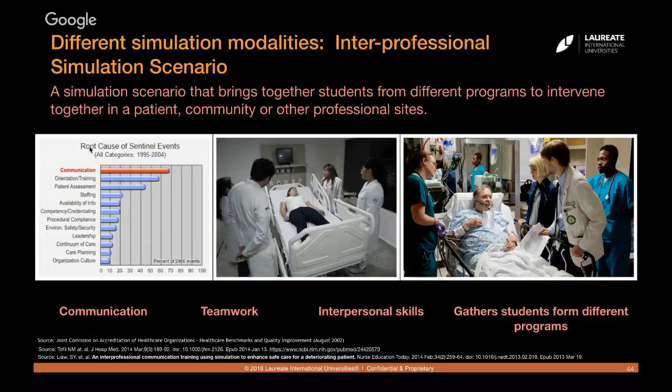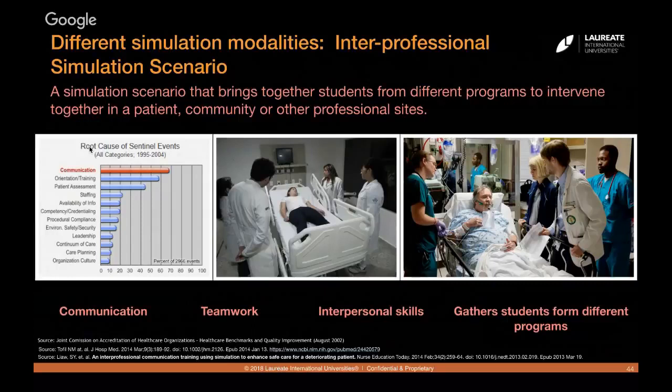it's going to improve respect between those professionals, because sometimes we see that in some universities, students from medicine and nursing, for example, or other health professionals, don't even meet each other during their program. They don't even know each other.